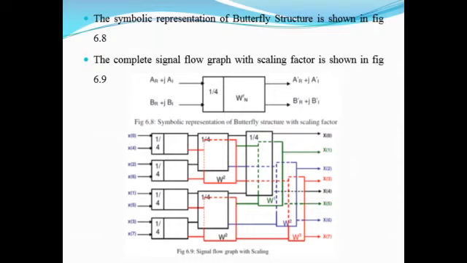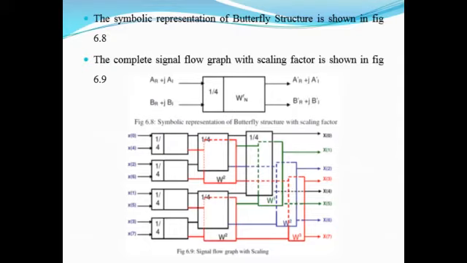Then if I go with the symbolic representation of a butterfly structure, instead of writing the structure, I'll just put a block here, a symbol. So this is a symbolic structure and this is the scaling factor we have considered. So the complete signal flow graph with the scaling factor is shown here.